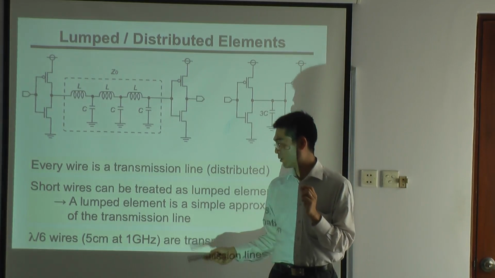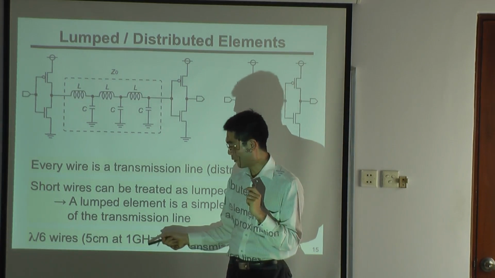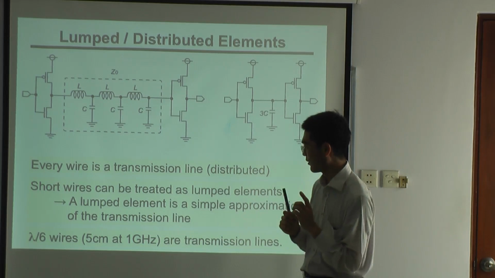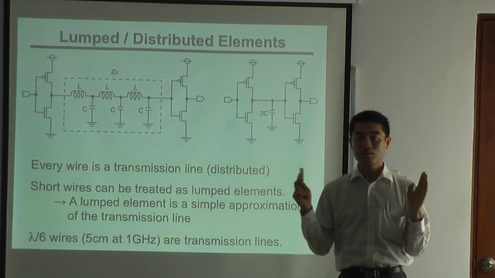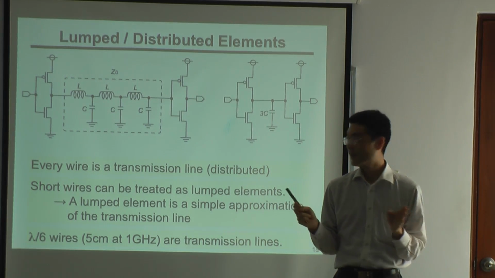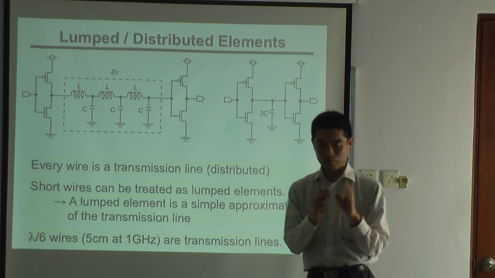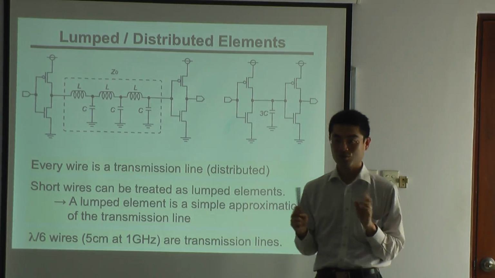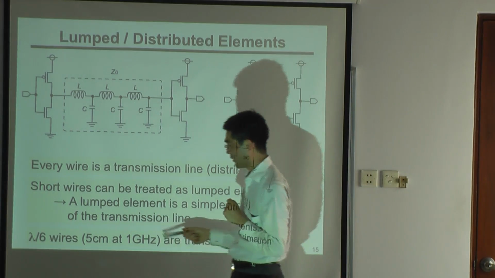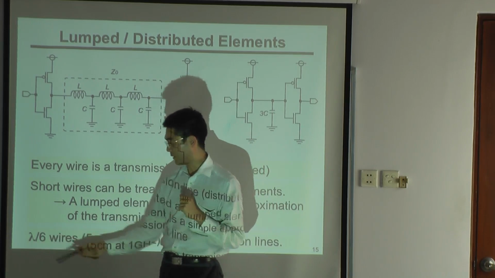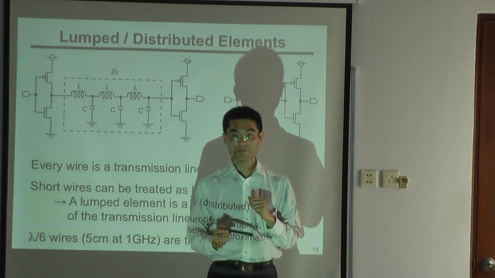That means for 1 gigahertz signals, the wavelength is 30 centimeters. So a 1 gigahertz signal has a wavelength of 30 centimeters. In this case, lambda is 30 centimeters divided by 6, which is 5 centimeters.